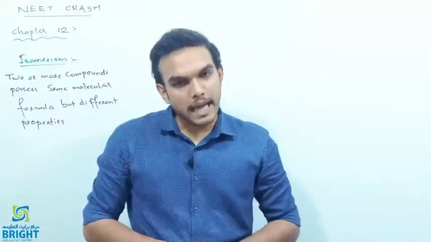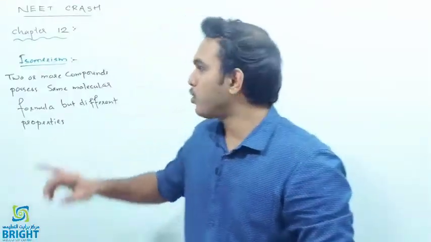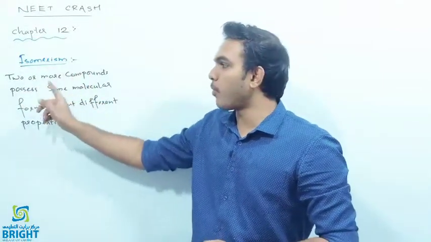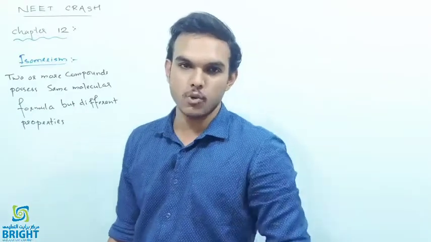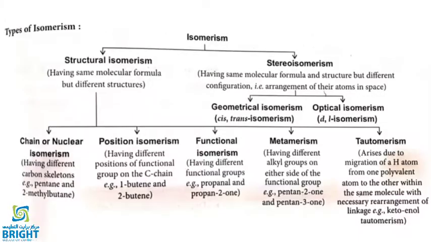Now we are dealing with isomerism. Generally you have to know that isomerism is when 2 or more compounds possess the same molecular formula but different properties. So I am giving you a table of isomerism. Isomerism is classified into 2, that is structural isomerism and stereoisomerism.